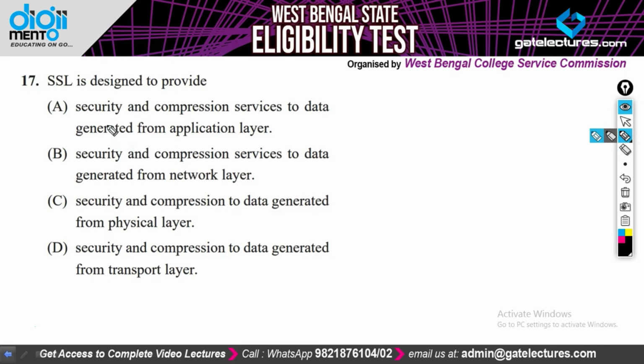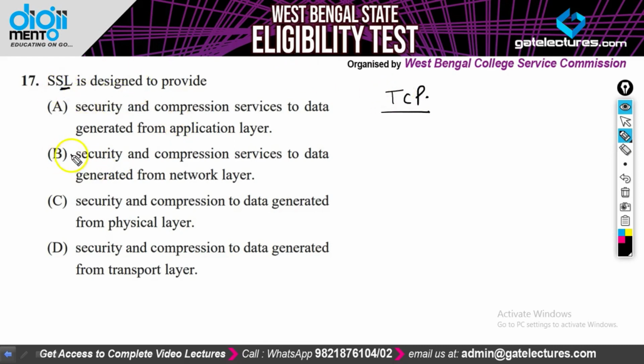Okay, or we can also say that it is for establishing encrypted links between a web server and a browser in an online communication. Okay, so basically SSL is a security protocol which is maintained by the TCP. Okay, in TCP, when we study about the network security, then we study about the SSL.